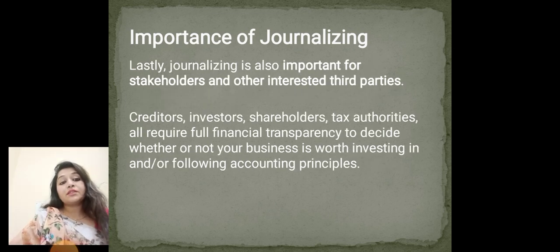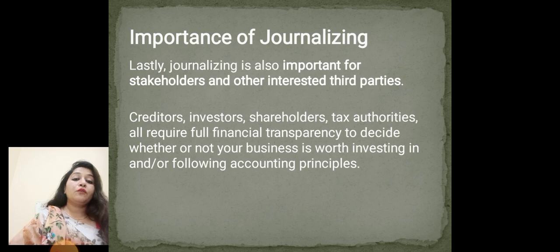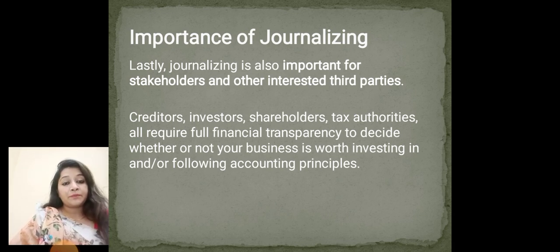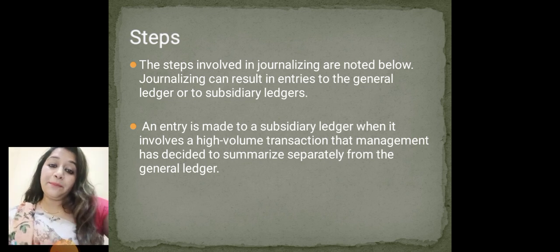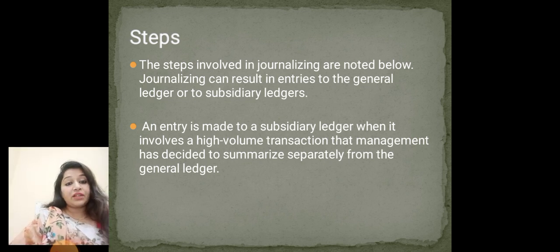Lastly, journalizing is also important for stakeholders and other interested third parties like creditors, investors, shareholders, and tax authorities, who all require full financial transparency to decide whether or not your business is worth investing in or following accounting principles.